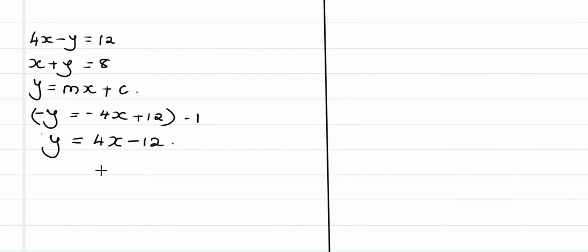Then the second one, I say x plus y is equal to 8. So I start with the y. On that side it is positive. So now I take x to the other side, and since x here is positive, when it moves to the other side of the equal sign, it becomes negative x. Then this 8 was positive, so plus 8, like that.